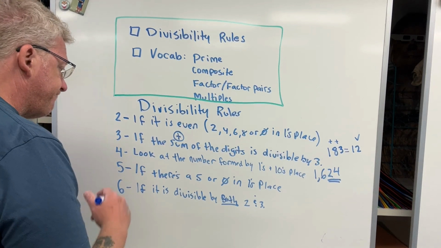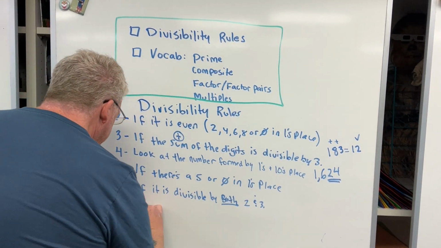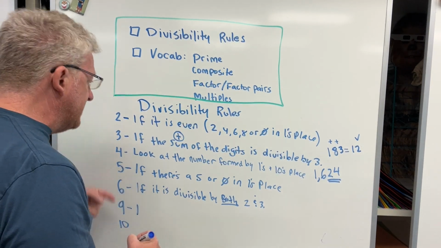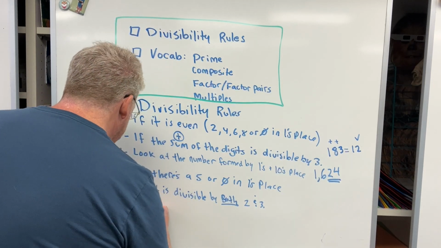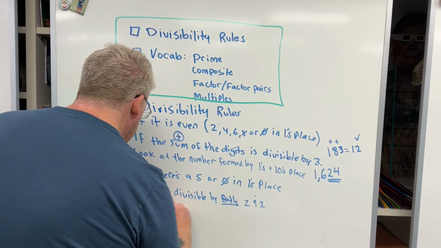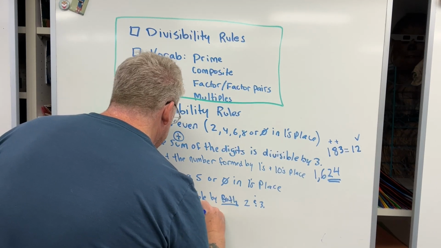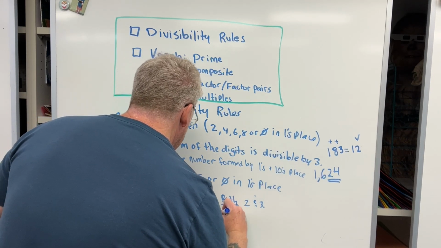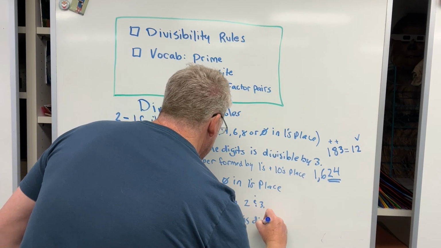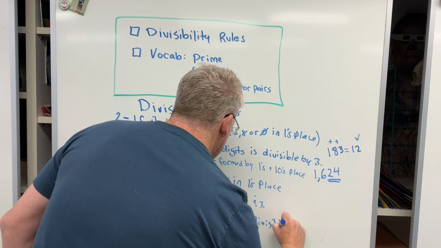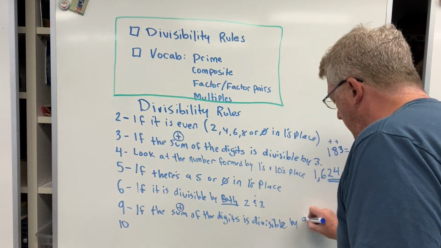All right. The divisibility rule for 9. It's just like for 3, except the sum of the digits must be divisible by 9. Sum, meaning add, of the digits is divisible by 9.